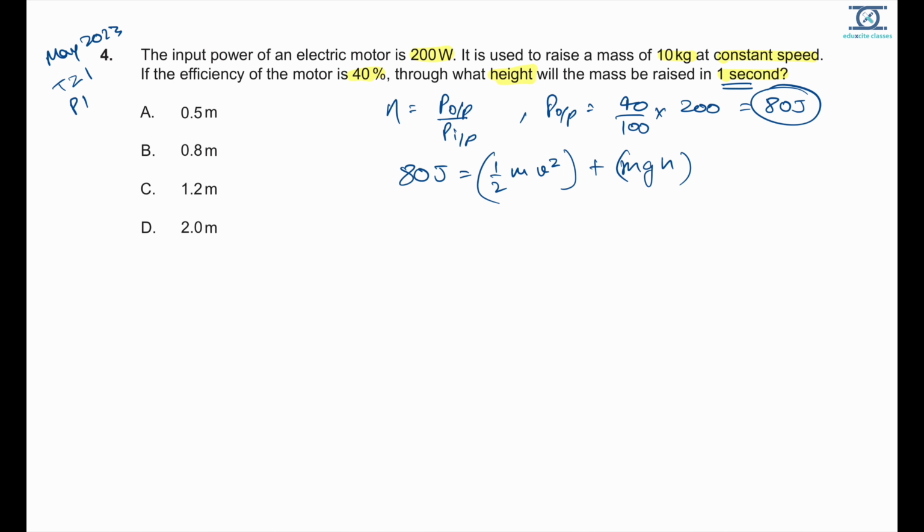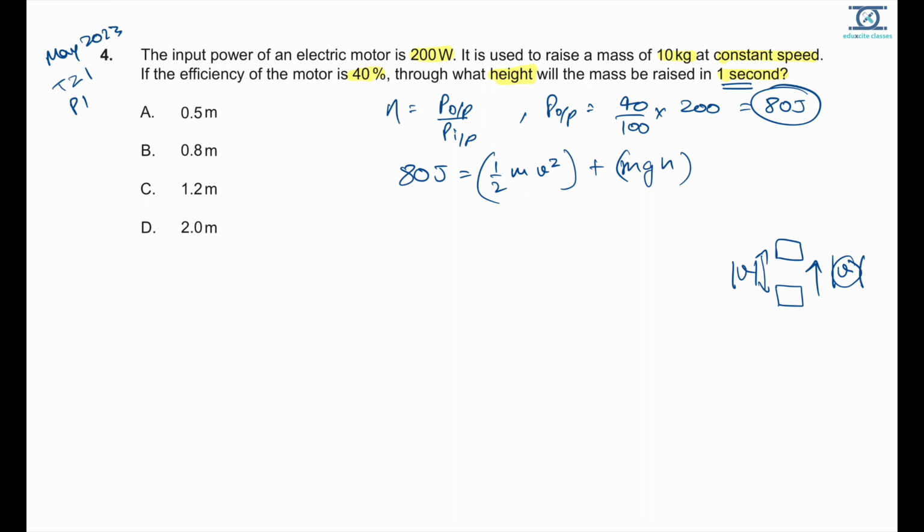Now let us say this object is moving with a constant speed v, in 1 second it will cover a distance of v only, because v is distance per unit time. If the time is 1, so magnitude wise v will be equal to the length covered by the object.